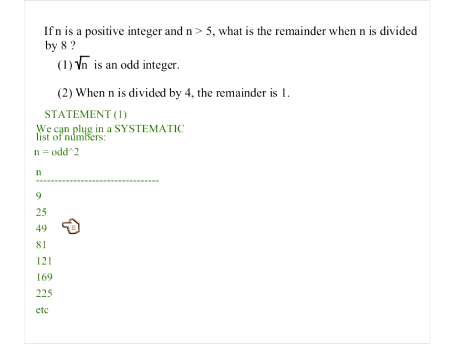Okay, this is a systematic list of numbers that satisfy this statement. So what we're going to do is just do the division. We're not going to get all smart with algebra and stuff. We just find the remainder when n is divided by 8. The remainder when n is divided by 8 is, in each of these cases, 1, 1, 1, 1, 1, 1.